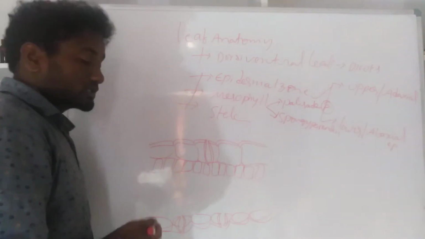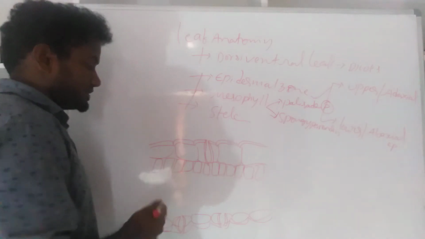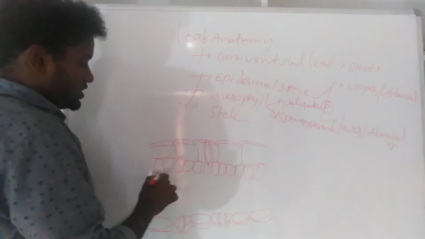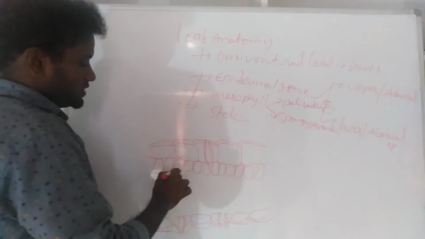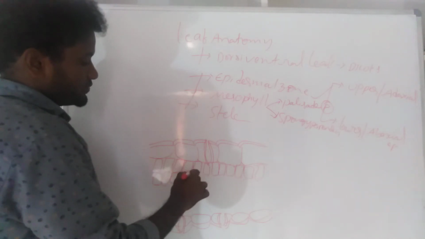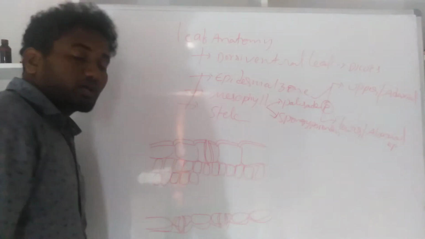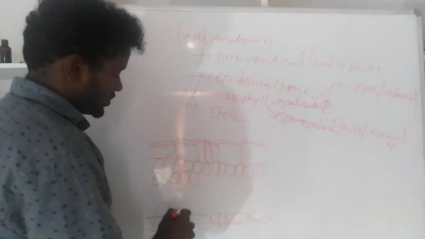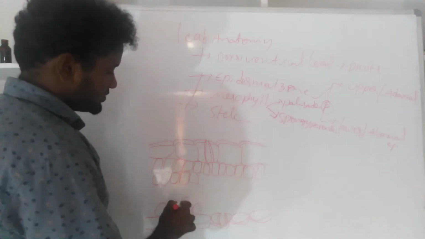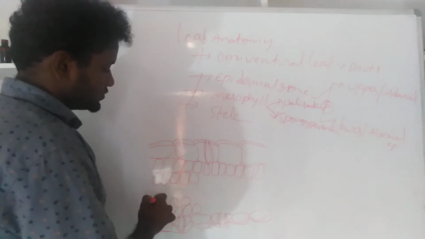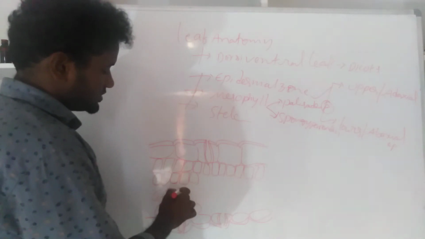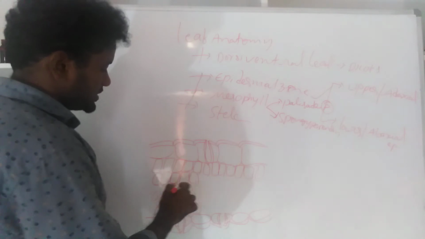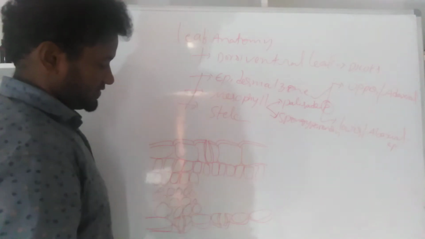Chloroplasts contain chlorophyll pigments that absorb light and perform photosynthesis. So palisade parenchyma performs a high rate of photosynthesis due to the high number of chloroplasts compared with spongy parenchyma. Spongy parenchyma cells are oval in shape and loosely arranged, with large air cavities.